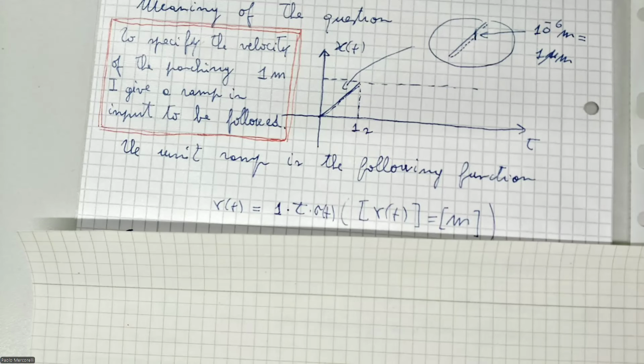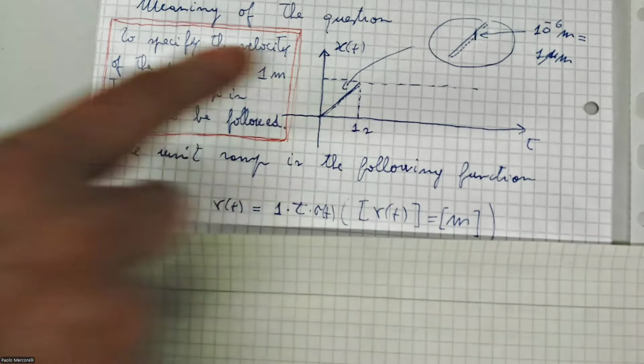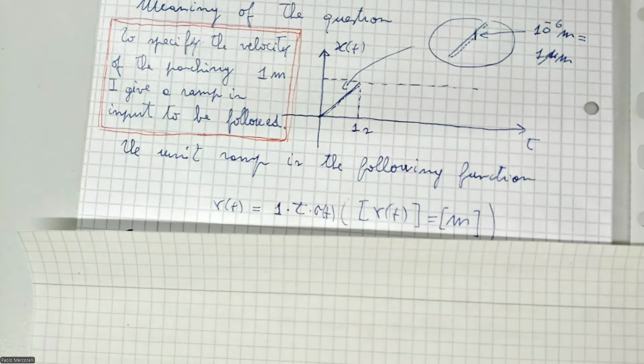Now, the steady state error, which I can fix up to 10 to the minus 6 meter. Now we know that I will demonstrate also. I didn't have time to do it more precisely, but it's clear what I intend.